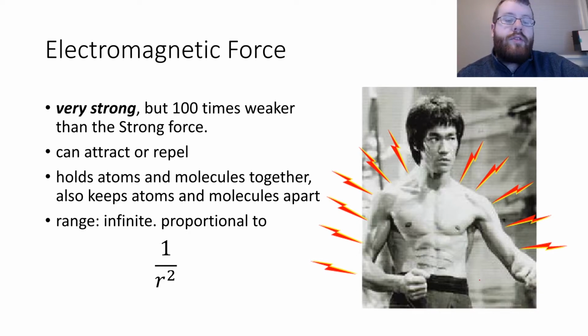It's the thing that holds together atoms and molecules. It's the fundamental force behind bonding. Its range is infinite, unlike the strong force, which is very short, and it works off of a 1/r² relationship, which we saw with gravity as well back near the start of the year.